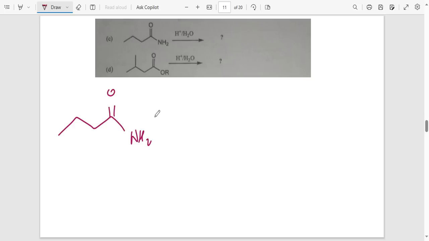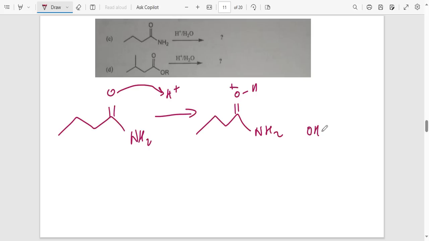So it's the same. Now in here what will happen is that the first thing is we are going to grab a proton. You can see we have got a proton in this solution. So we're going to get this proton. So now we have got this with a positive charge. Then we have got the amine. The next thing that happens is that our water will come in.